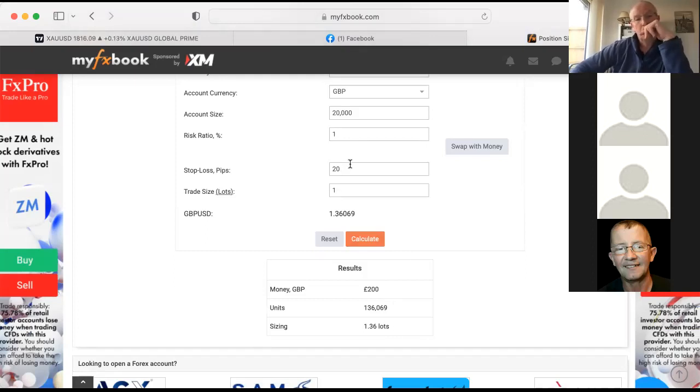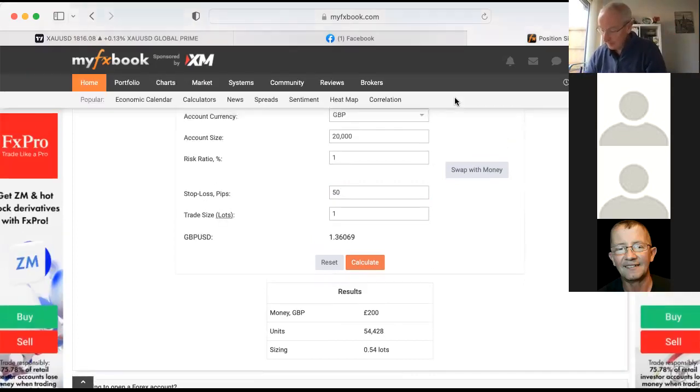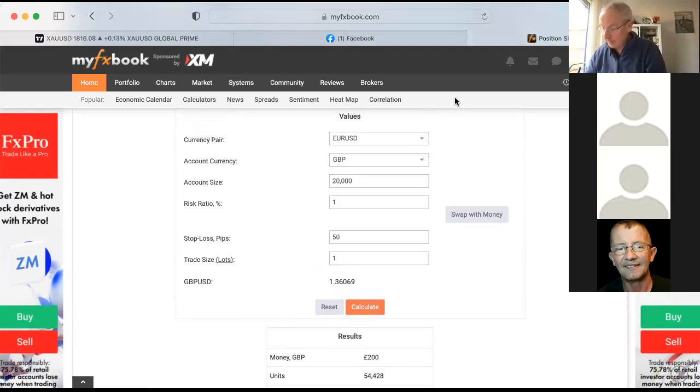You can put 50 pips in there, ask it to recalculate, and it'll tell you with a stop loss of 50 pips and you're prepared to lose £200, your lot size is 0.54. The queries I've been getting are about how to use this calculator when you're trading gold.